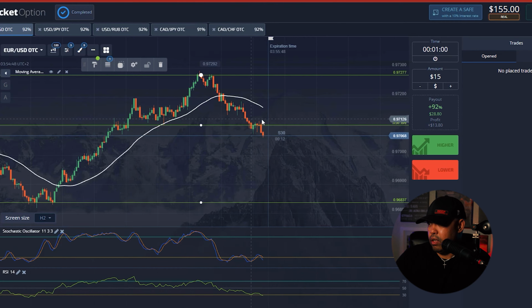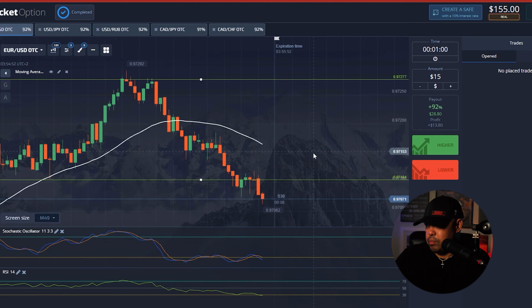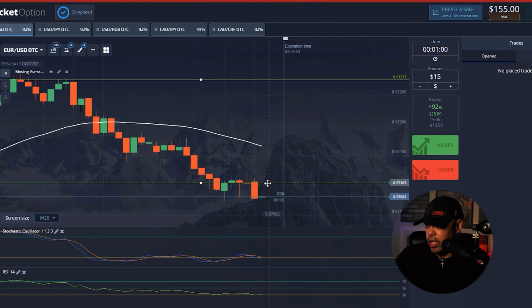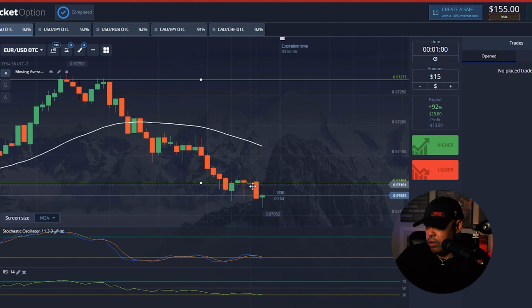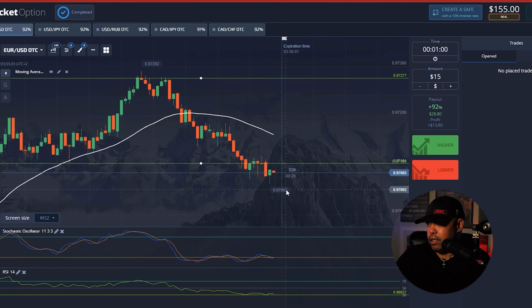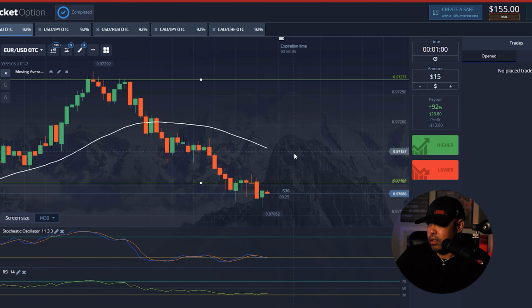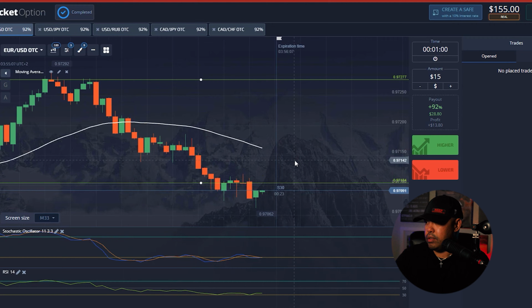Here's the main resistance, and candles will get there sometime. We actually missed our opportunity here, but that's okay. You will miss your opportunities a lot, but you want to be careful. So let me wait and find an entry here.